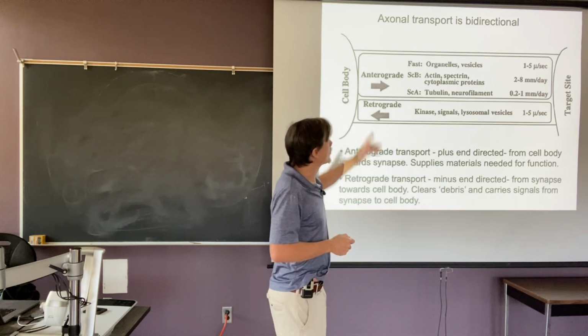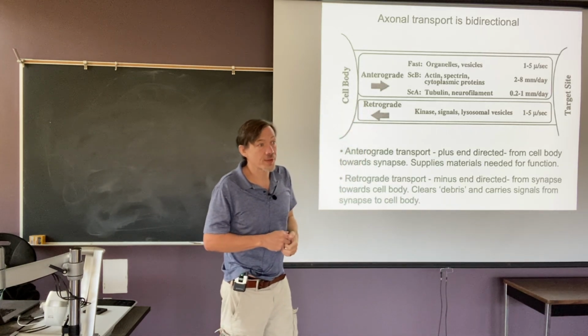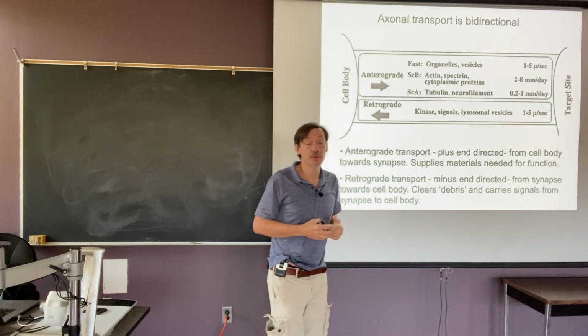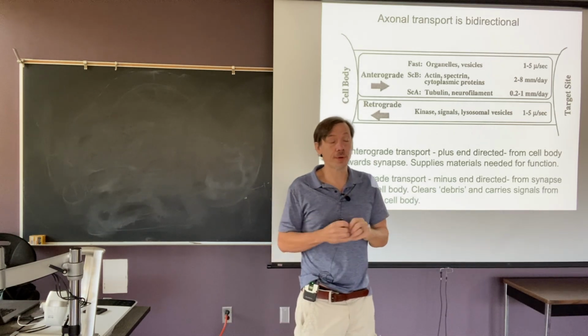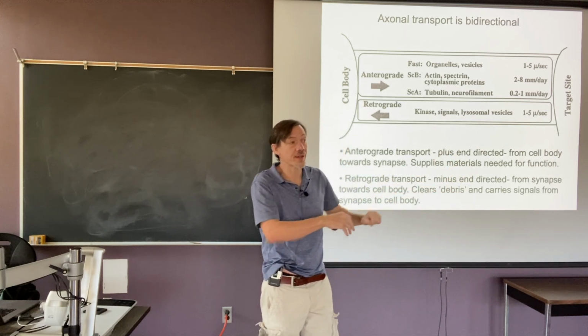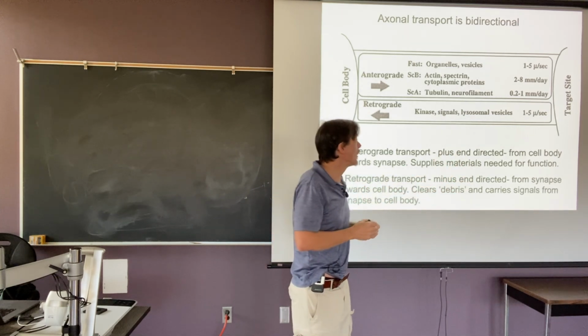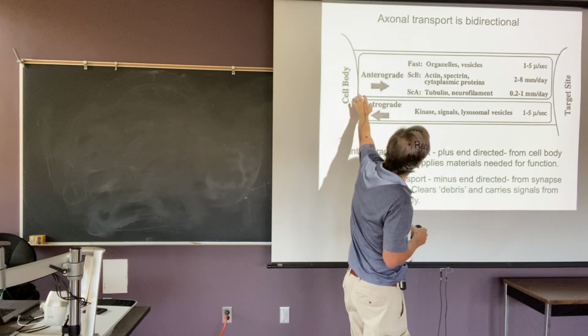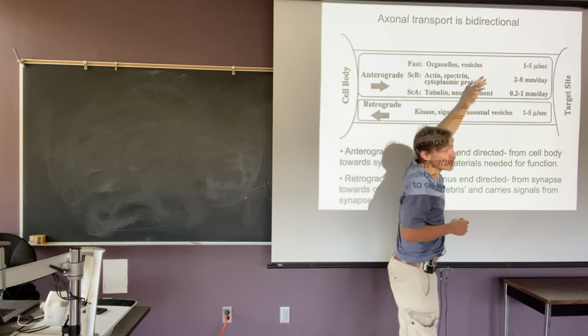So another part of transport to remember is that transport is bidirectional. So it's essential that new materials are being transported and moved out along the length of the axon into the synapse. And some of these different cargoes in terms of transport involve organelles and vesicles.